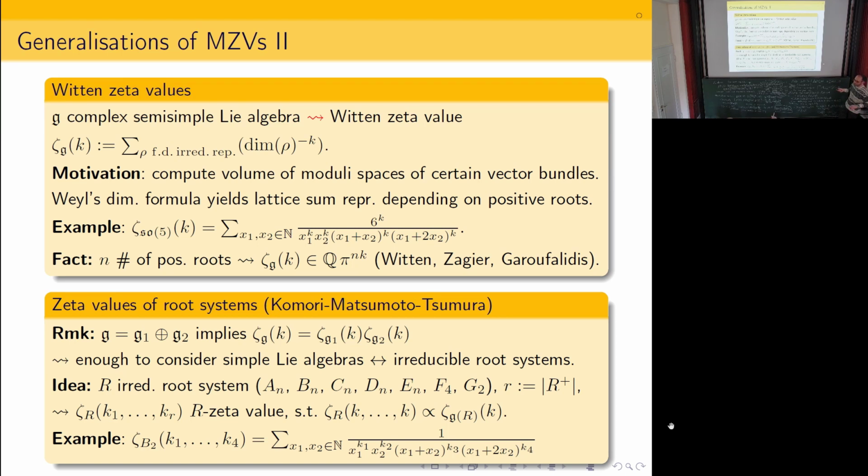It would not be the case of this multiple. Yeah, so each k is the same. Yes, absolutely. But it's still possible to consider such ones for reducible Lie algebras as well. It is possible. Yeah. I'm just focusing on the irreducibles.